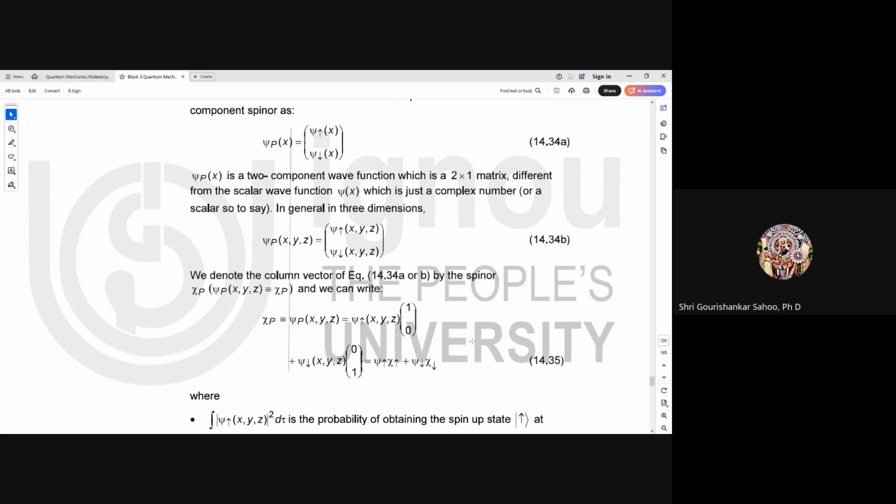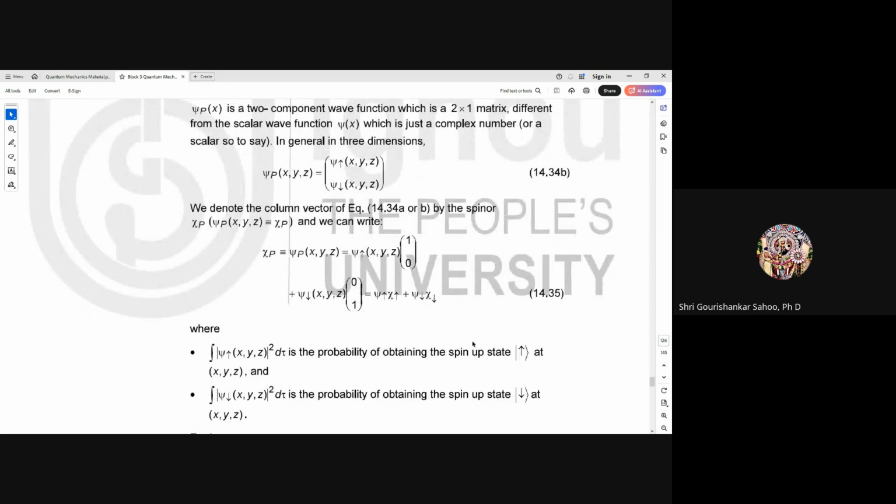So in general, in 3 dimensions, you can write psi(r) equal to psi up and psi down in a column matrix, and we denote the column vector by a spinor chi as shown on the screen, which is psi up chi up plus psi down chi down.